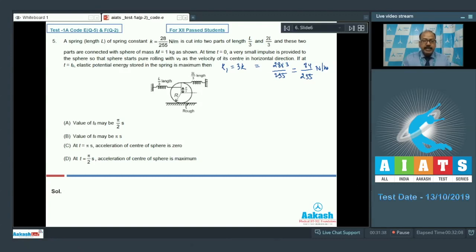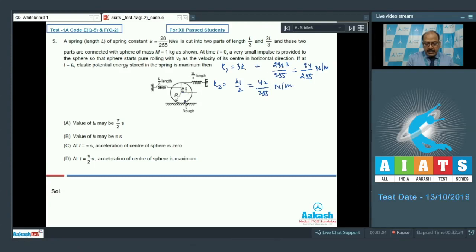The other spring has twice the length of the first spring, and so its spring constant will be half of this. That means K2 equals K1 by 2, and its value is then 42 divided by 255 Newton per meter.